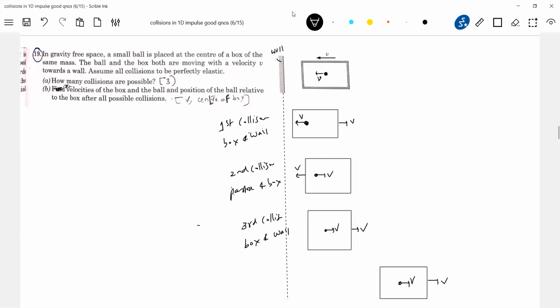Here you assume some distance x. Let this also be L by 2 or some distance. So when the box has displacement, the ball will also have the same displacement. Check with all, the ball will be at the center of the box. I am leaving students to work out that one.